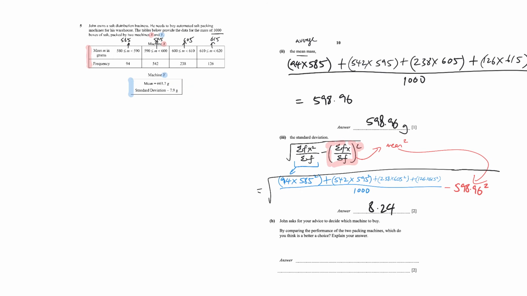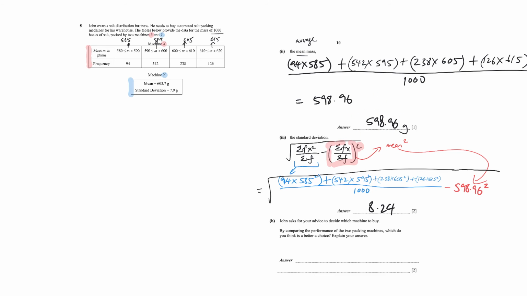We can first see that the standard deviations are quite similar, because it's grams, and if the box you're packing is over 600 grams, then this difference of 8.24 minus 7.9 is really not much. We can take the standard deviations as similar. But looking at the mean, which one is closer to 600? I think it's clear that machine X is closer to 600.